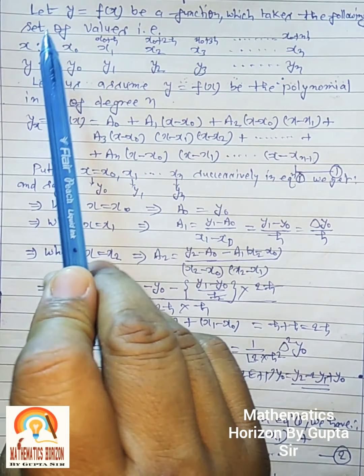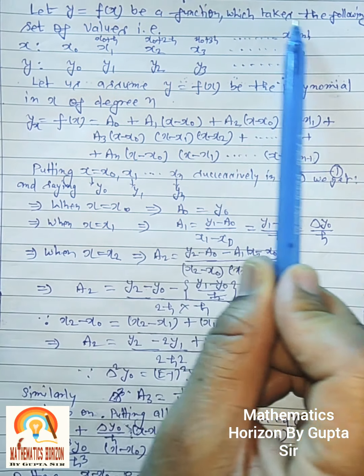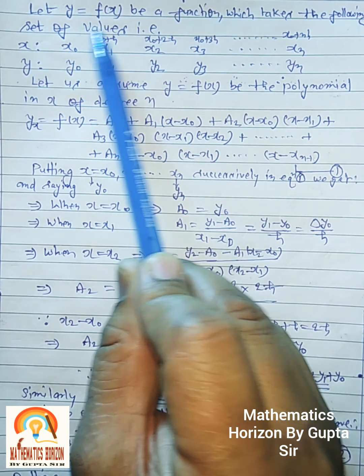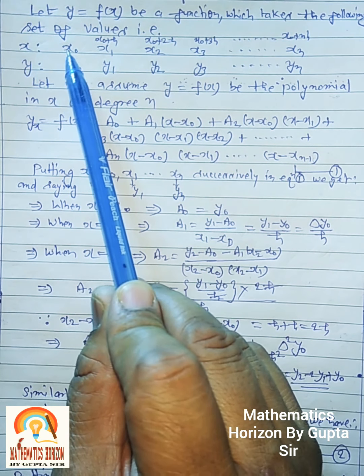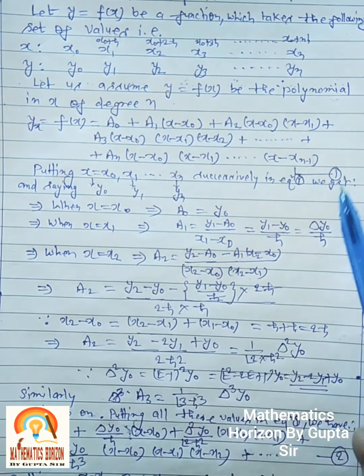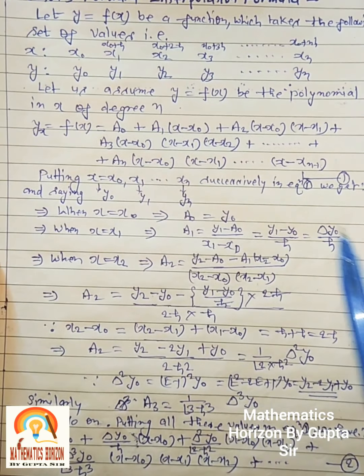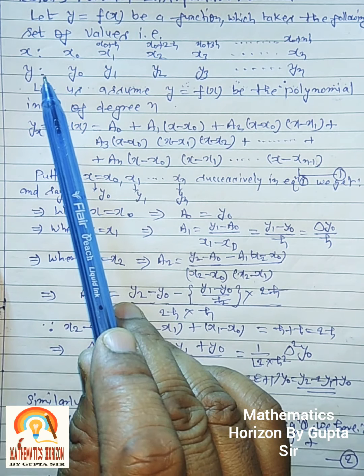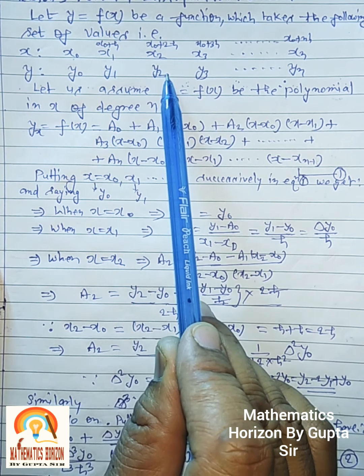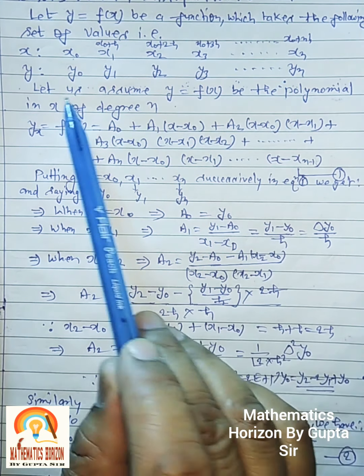Suppose y equal to f(x) is a given function which takes the following values: x equal to x0, x1, x2, x3, ..., xn, and corresponding values y equal to y0, y1, y2, y3, ..., yn.